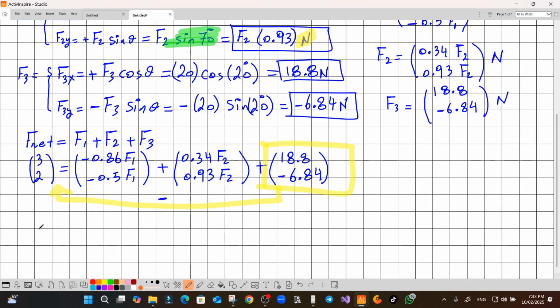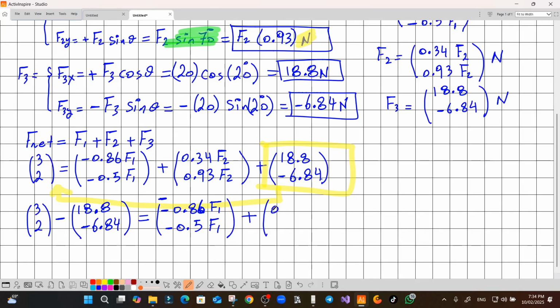So let me rewrite again that 3, 2 minus 18.8, minus 6.84 equal, again, minus 0.86 F1, minus 0.5 F1, plus the remaining.